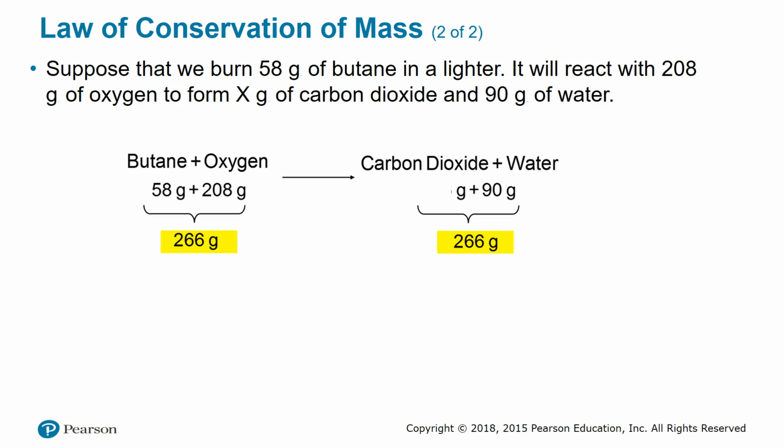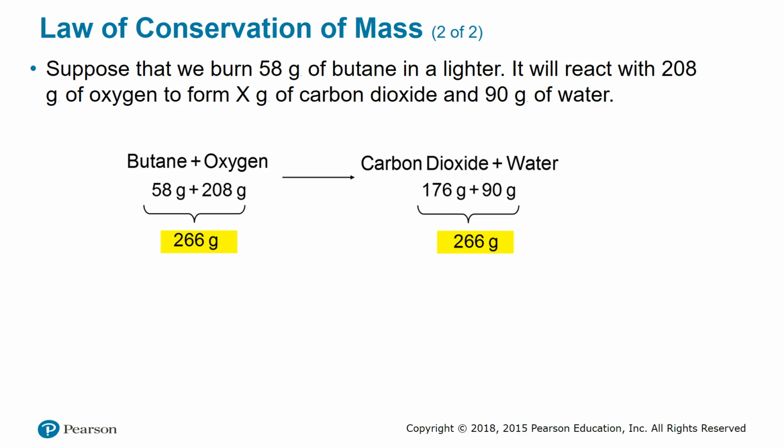So what would be the mass of carbon dioxide in this case? 176. All right. So when you have to do these types of calculations, or when you have a law of conservation of mass question, it's basically wanting you to recognize that these two numbers have to be identical. However, these sets don't, but they have to equal the same thing.